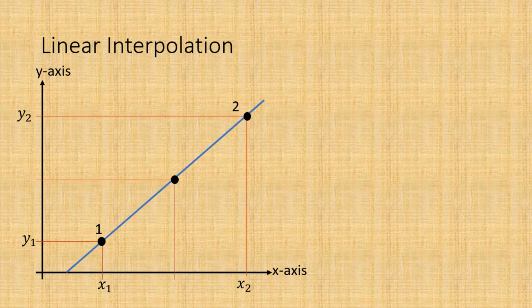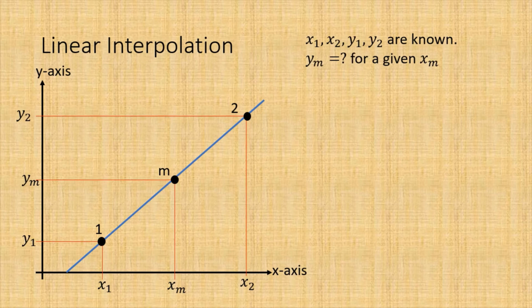And point M, which is a point in the middle of point 1 and 2, with x value xm and y value ym. Let's say we know the x and y values for both points 1 and 2, and we want to find the y value of point M for a given x value xm.